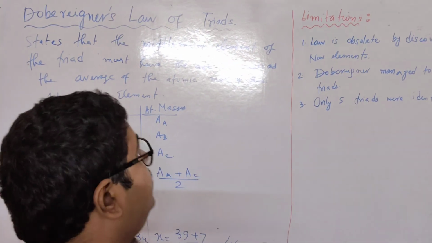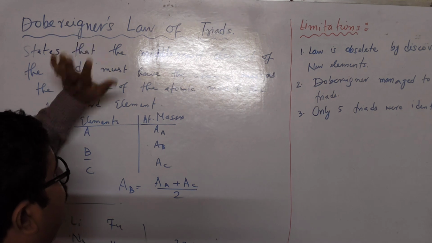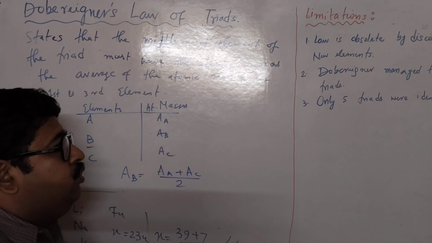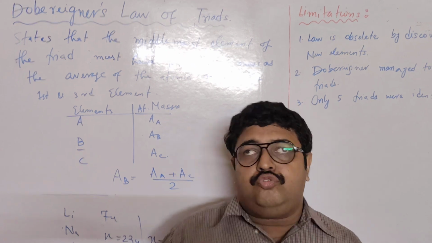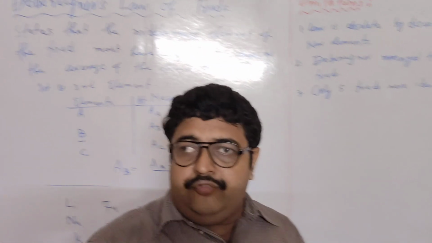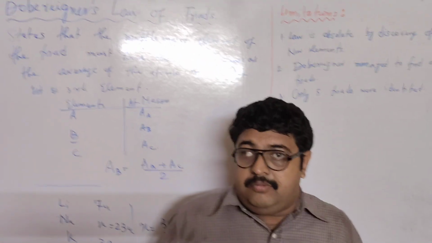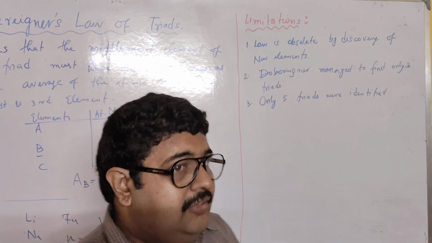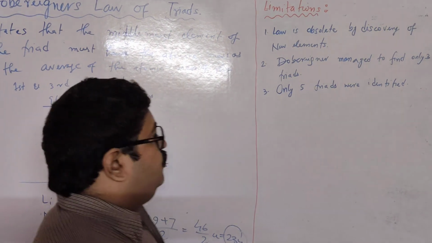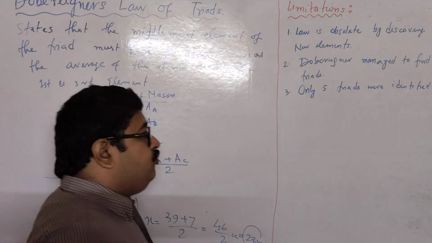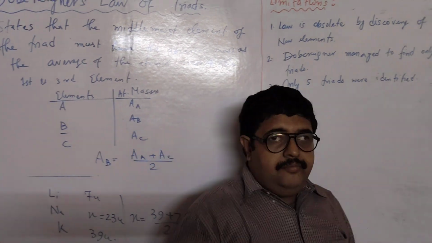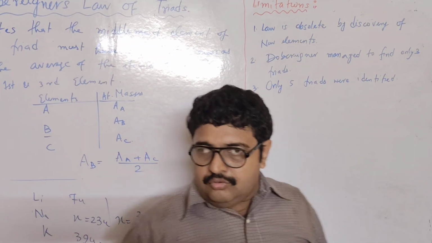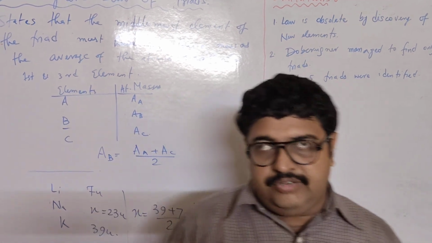Now this law, Döbereiner's law of triads, also had some huge limitations. First of all, this law was proved to be obsolete with the discovery of new elements. Number two, this law managed to find only 3 triads which worked accordingly, and in total only 5 triads were available, although 58 elements were known in those days.